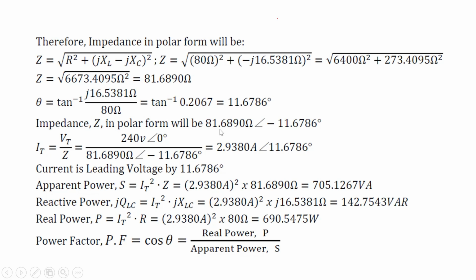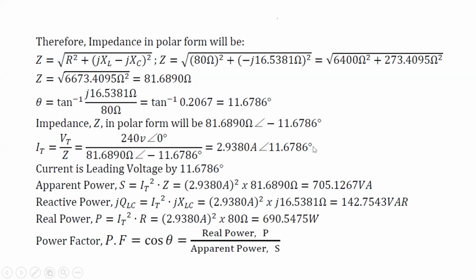Then the total current will now be V of T divided by Z: 240 volts at an angle of 0 degrees over 81.6890 at an angle of minus 11.6786. So we have our current to be 2.9380 at an angle of 11.678.